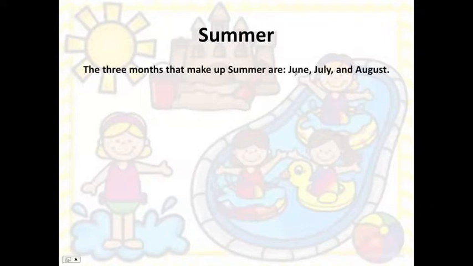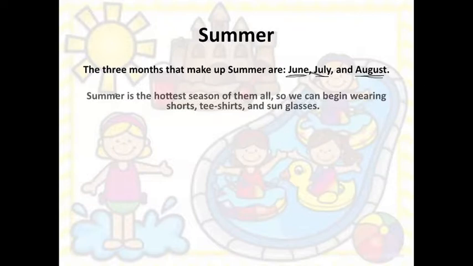So the next season we're going to talk about is summer. The 3 months that make up summer are June, July, and August. Summer is the, let's circle this, hottest season of them all.